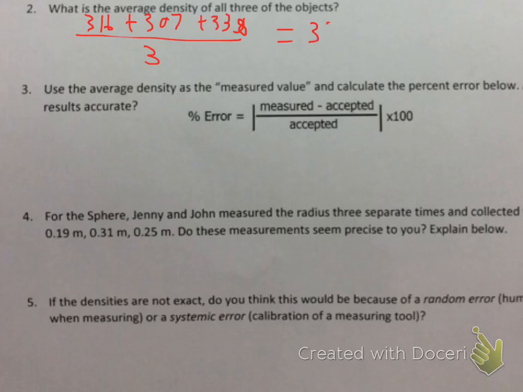And we get a very nice looking number of 320.33 repeating kilograms per meter cubed. Okay, so what is the percent error? Well, I can tell you this is going to be a very small percent error.